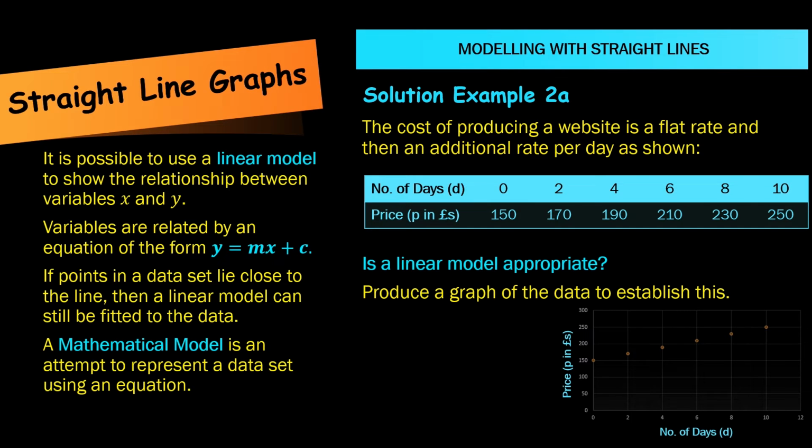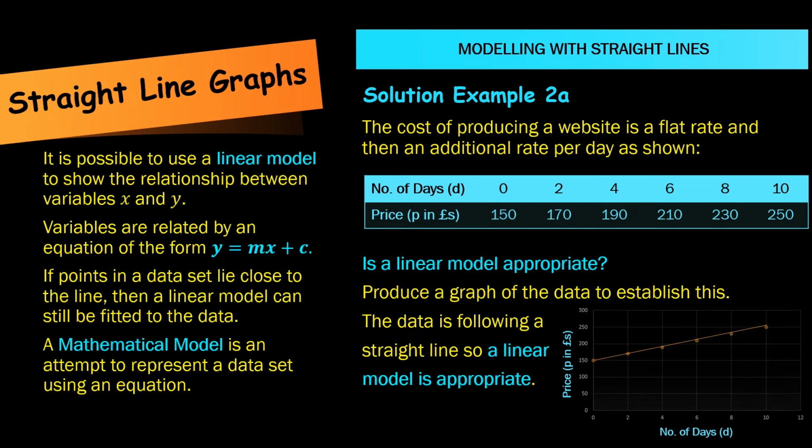Here's a graph. The number of days goes on the x-axis and the price goes on the y-axis. It seems that we can fit a line to this data, as you can see, as the data is following a straight line, so a linear model is appropriate.